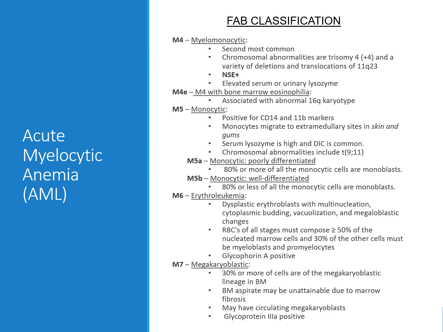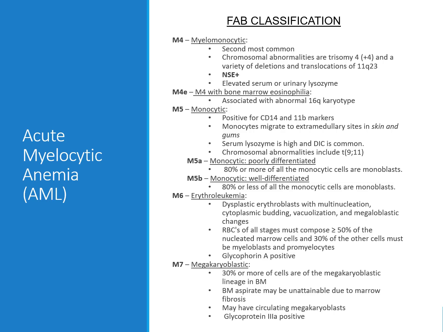And then chromosomal abnormalities are going to be a translocation at 9 and 11, not 9 and 13, 9 and 11. M5A is poorly differentiated monocytic AML, and about 80% or more of all of the monocytic cells are monoblasts.